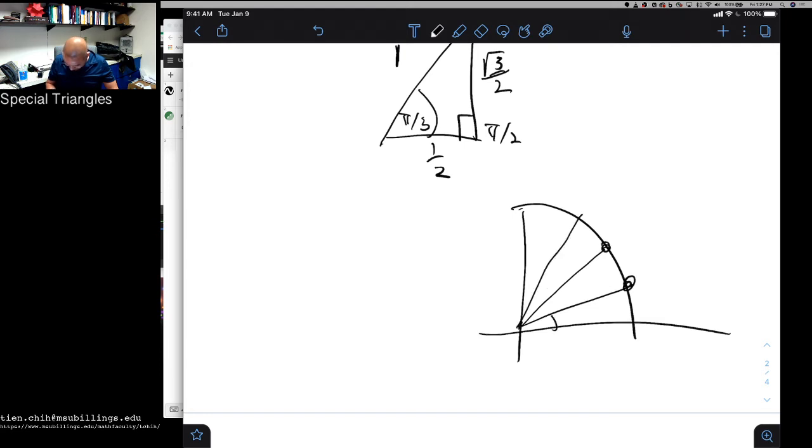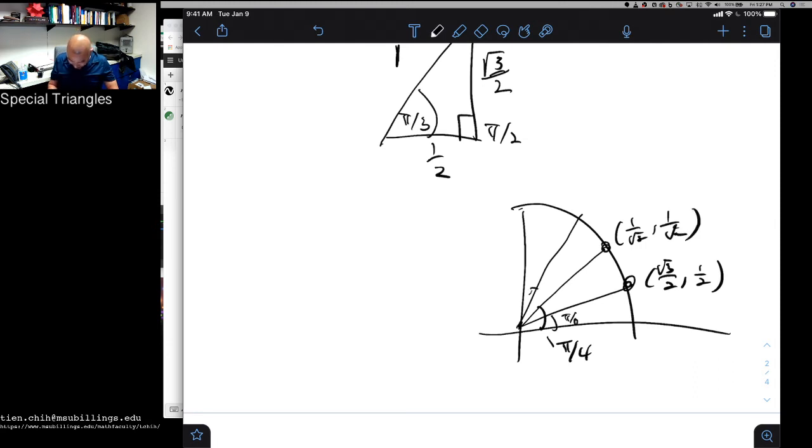So if my angle were just pi over 6 here, then my height we saw was 1/2. And my x value would be square root of 3 over 2. If I move up to pi over 4, then both of my coordinates will be 1 over root 2, 1 over root 2.